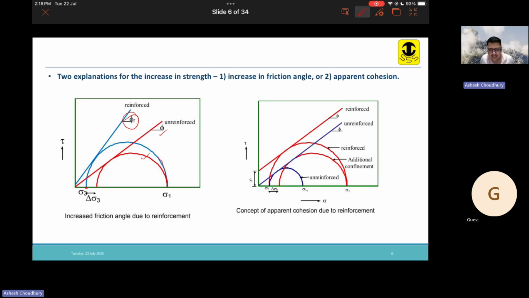The other explanation is the concept of apparent cohesion due to reinforcement.